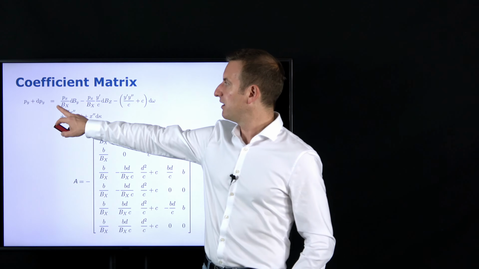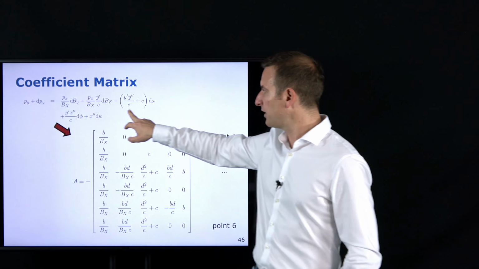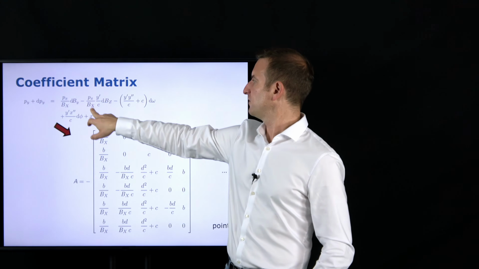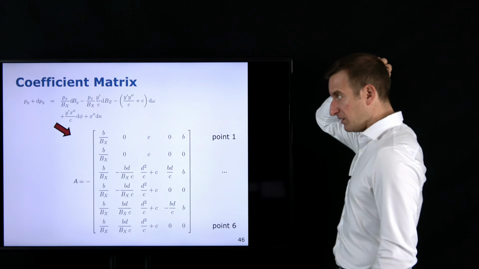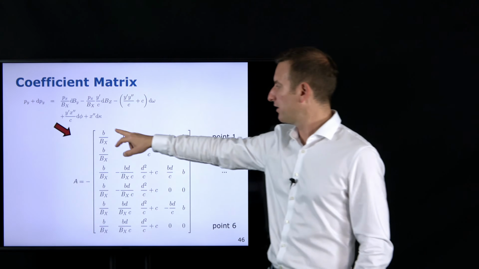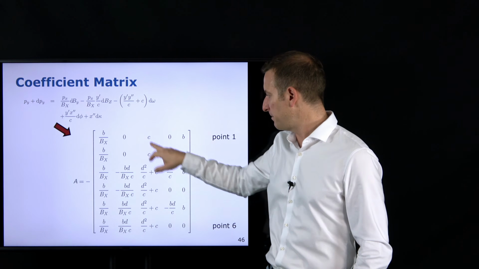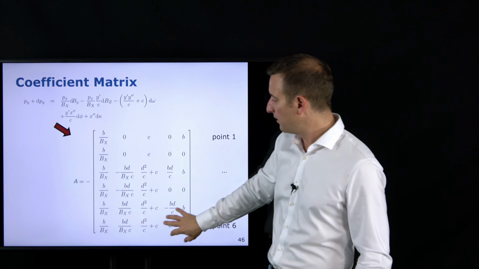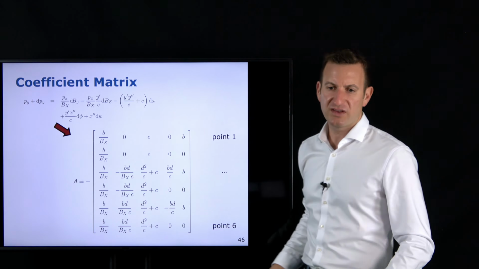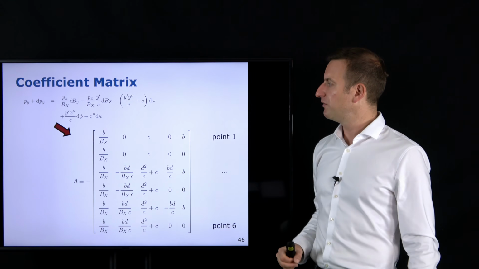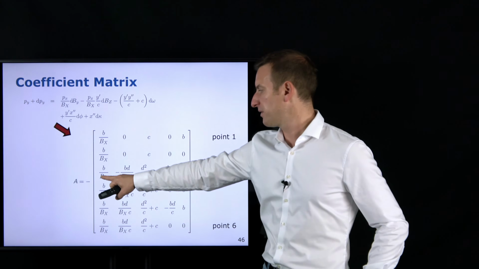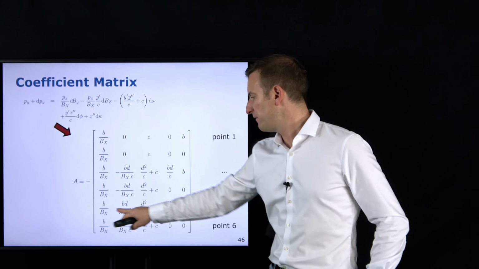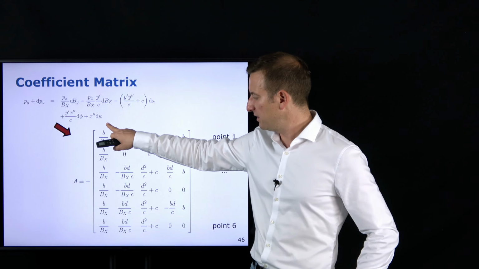So I have my Gauss Markov model. This was the coefficients that I had for my parameters, and this gives me a coefficient matrix where I now have my b's and my d's distributed all over my matrix A, based on this coefficient equation. So this is for the first point, the second point, the third point, fourth point, fifth point, and sixth point, the individual coefficients.